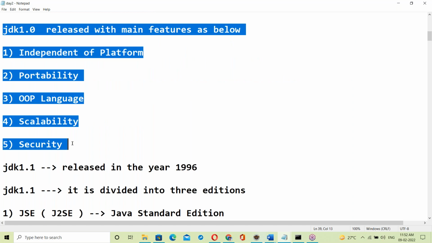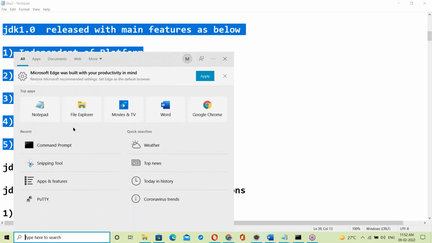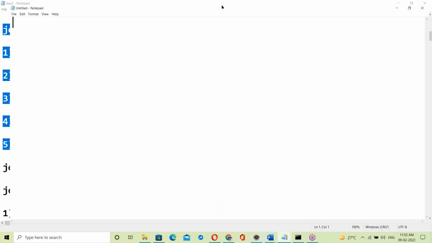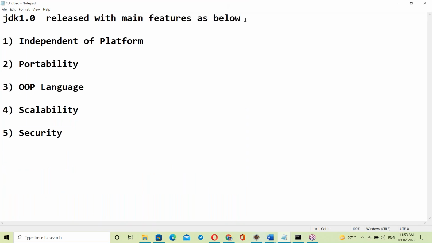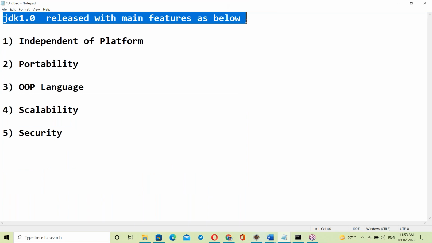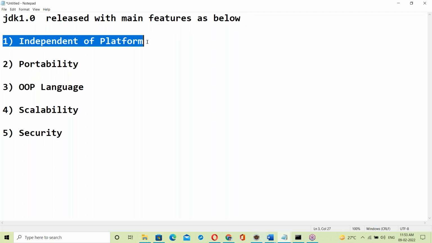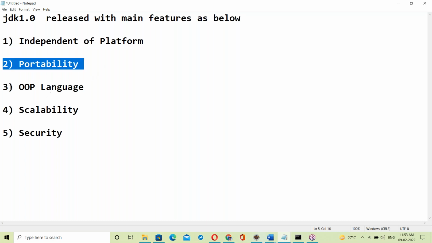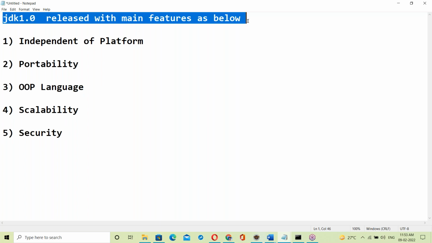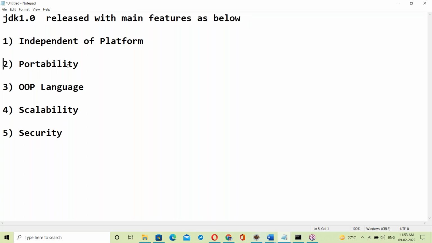JDK 1.0 was released with main features as below: independent of platform, portability, OOP language, scalability, and security. These are the main features of Java.